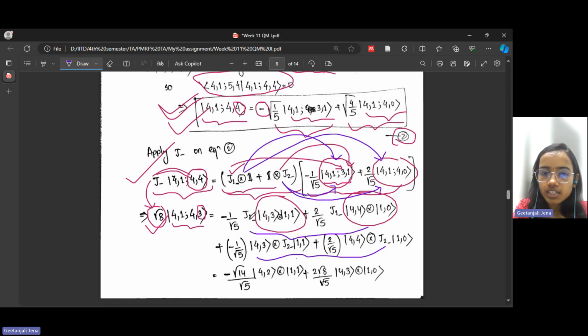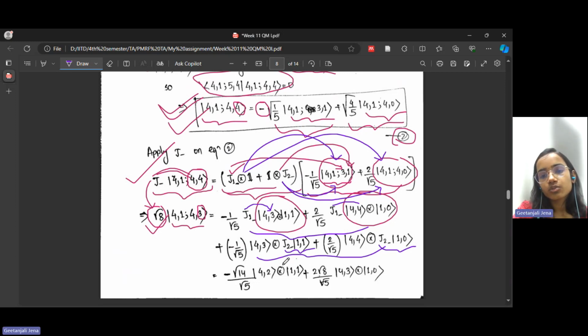Now if you check the first line, J1 will act on this one, it will act on 3. Similarly, J1 here will act on the first ket only, while J2 will act on the second ket, and here also it will act on the second ket.